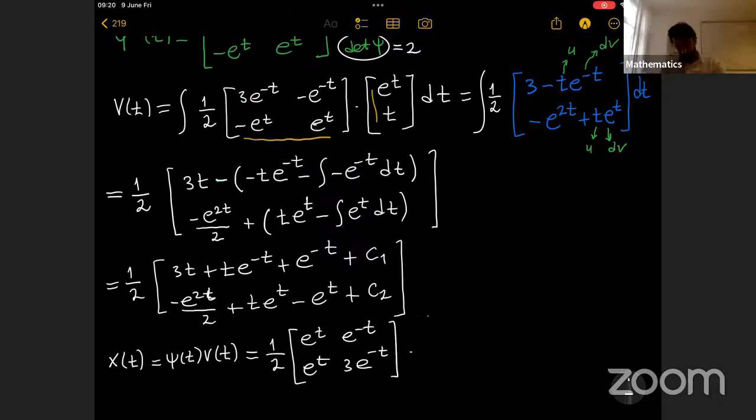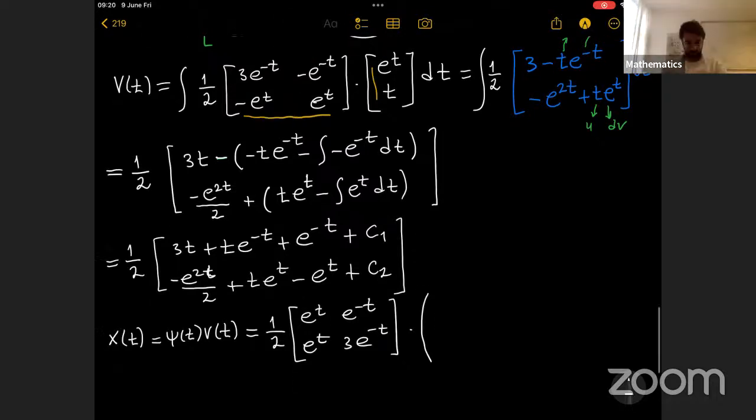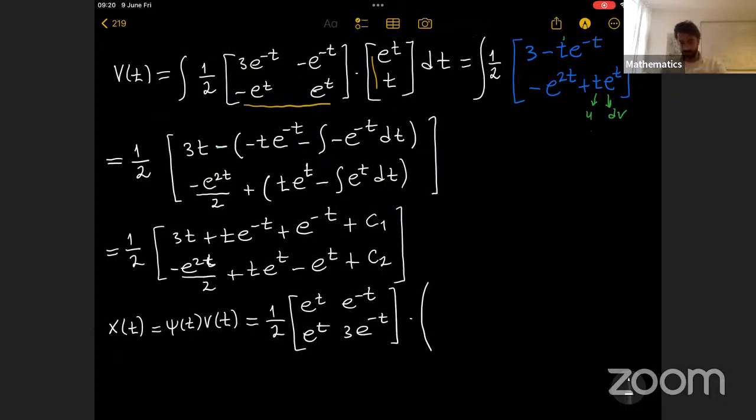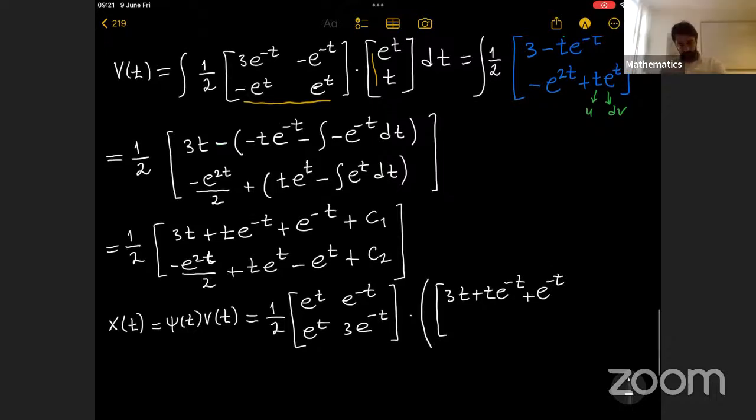So what I will do is I will write this in the following form: 3t plus t times e to the minus t plus e to the minus t, minus e to the 2t over 2 plus t times e to the t minus e to the t.